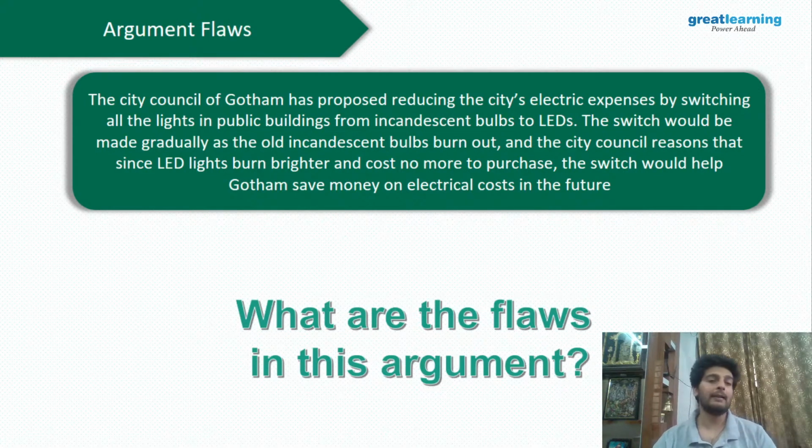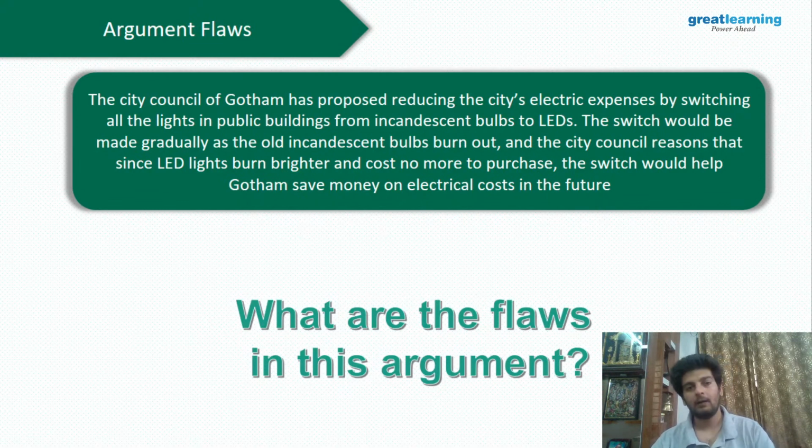Now we have the city called Gotham, where our beloved Batman lives. And it just seems that the city council of Gotham has proposed reducing the city's electric expenses by switching all the lights in public buildings from incandescent bulbs to LEDs. So what the council is suggesting is, they might have normal bulbs, and they are suggesting replacing all of these normal bulbs with LEDs, which are basically light emitting diodes.